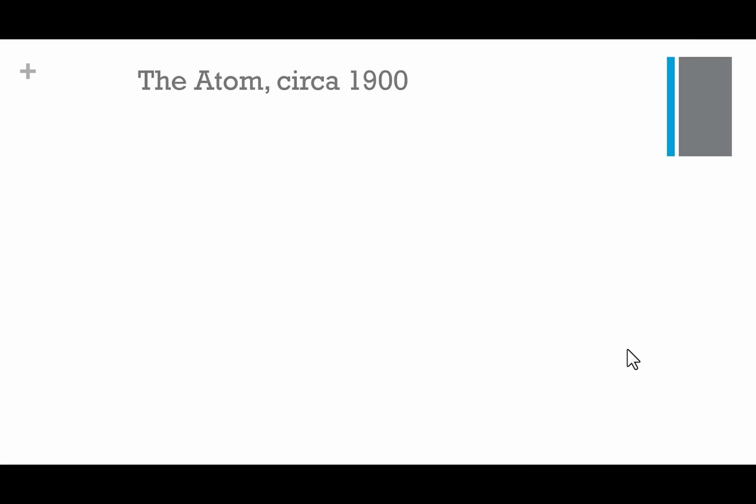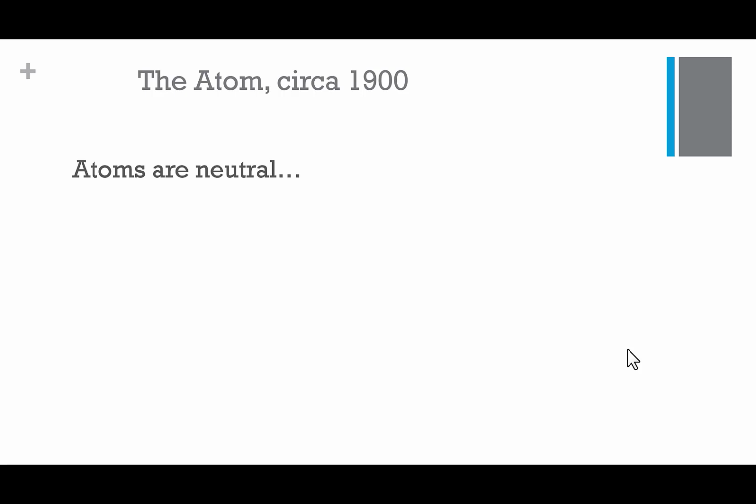Like any good experiment, we uncover this knowledge, this information, but then it always raises more questions than it probably answered. So here we are with the atom circa 1900. We know atoms are neutral. So inherently, I have an atom in my hand.